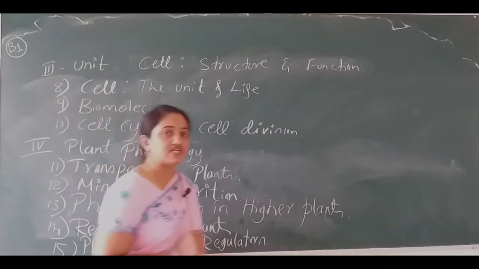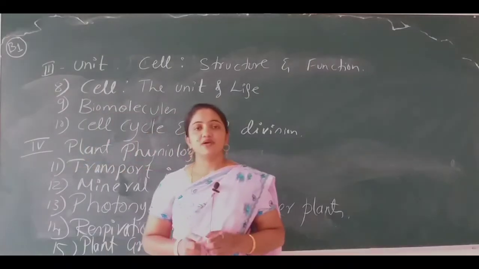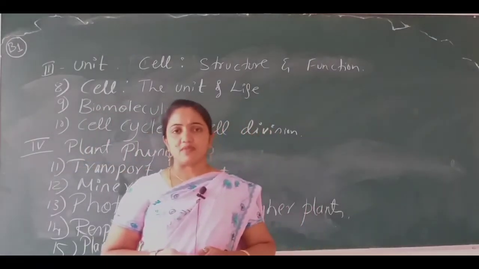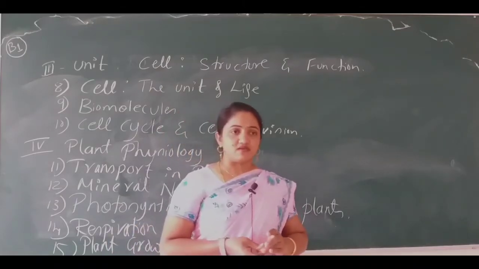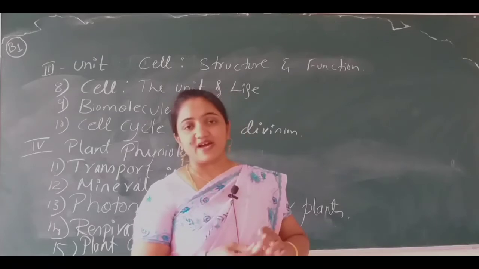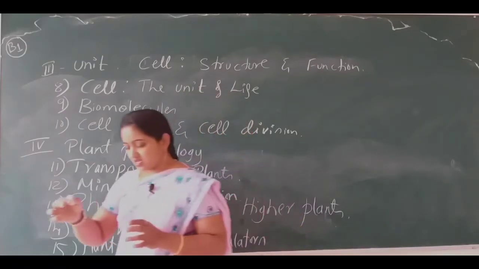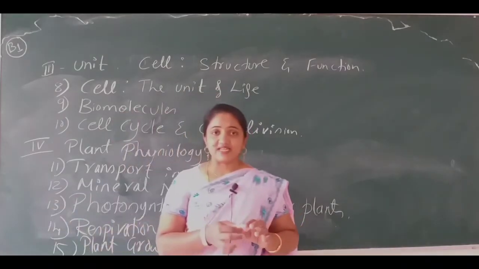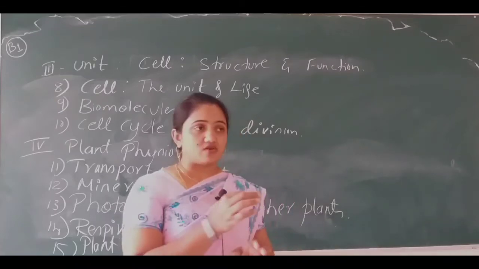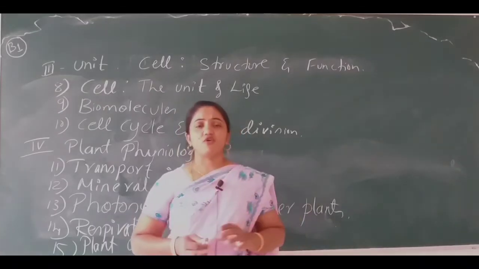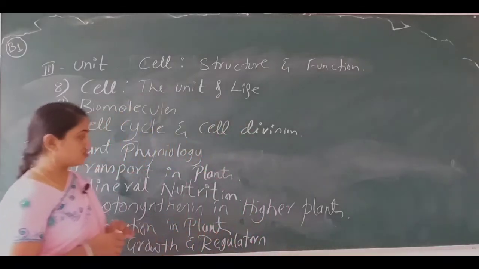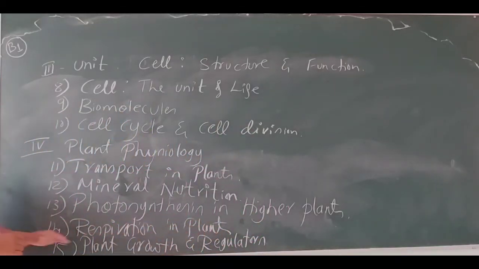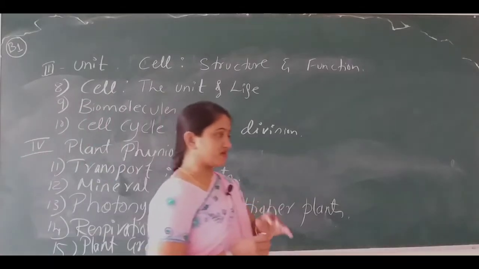What are growth regulators? It is nothing but hormones. Some are abscisic acid, auxins, ethylene, and so on. A number of hormones are very much essential to the plant for growth and development.